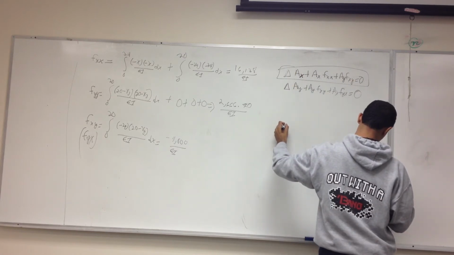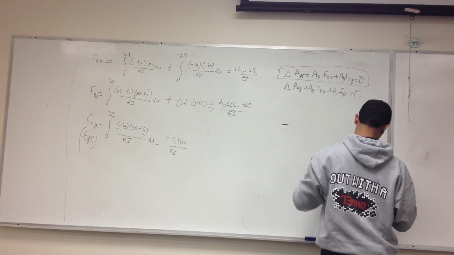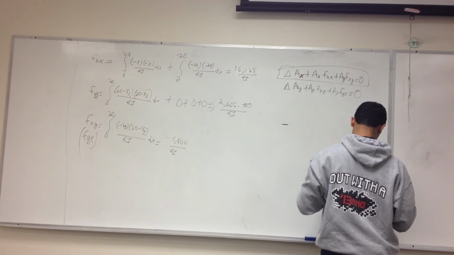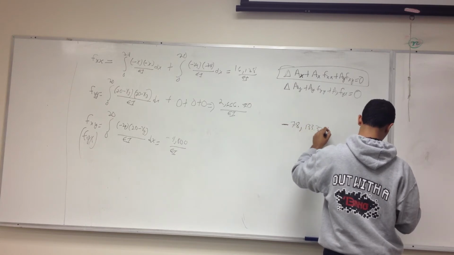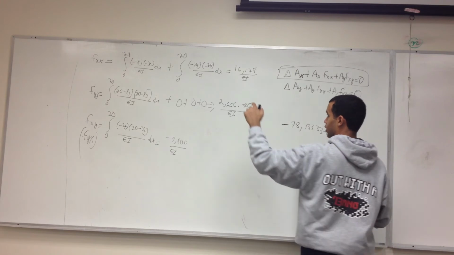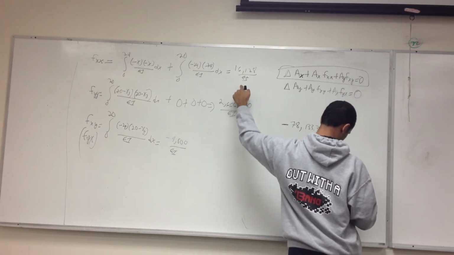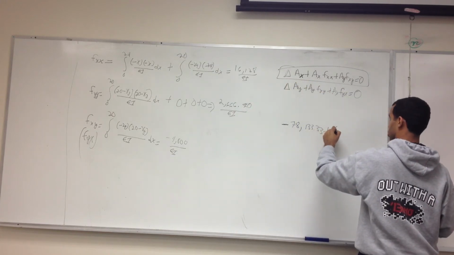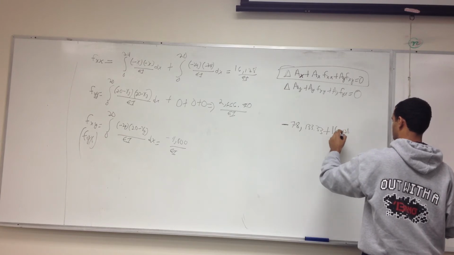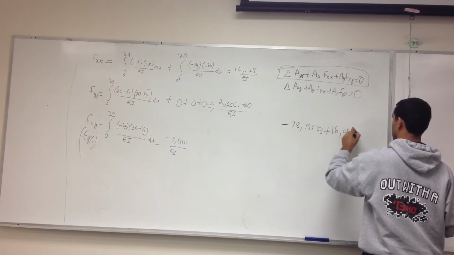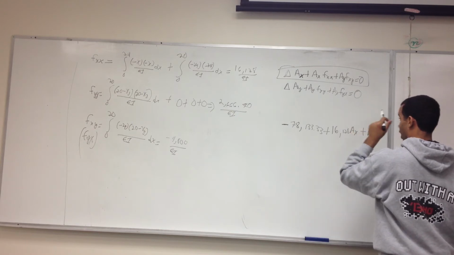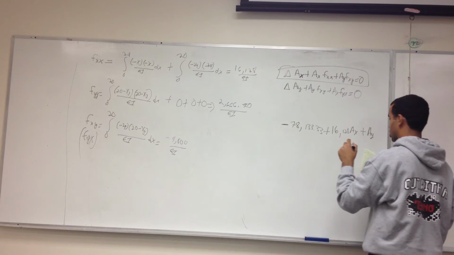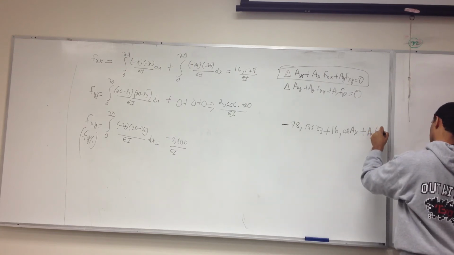We have negative 78,133.33 plus we have our FXX times AX, which is 16,128 times AX plus our AY times FXY, which is negative 4,800 equal to 0.